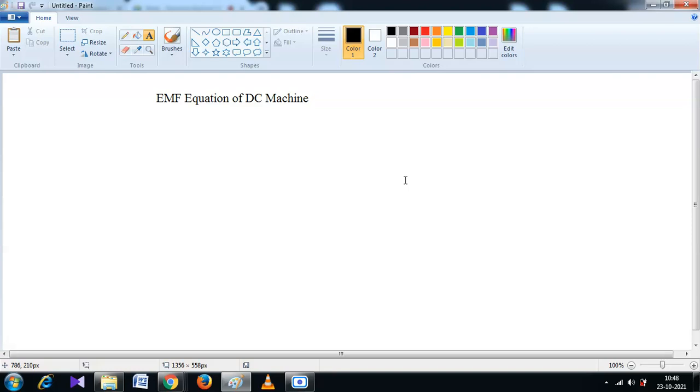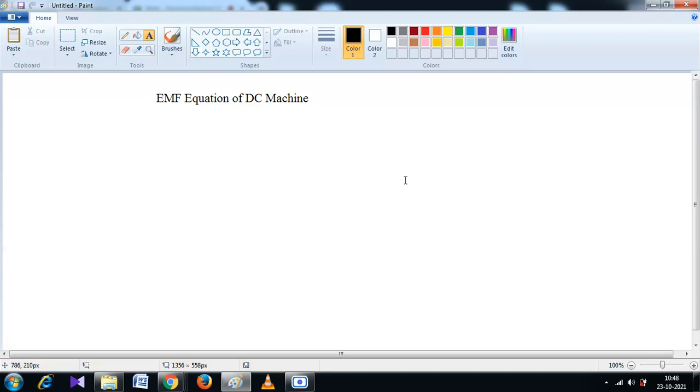And how much EMF will be produced can be explained by the second law, and the expression of the induced voltage is E equal to N d phi by dt. That means the induced EMF in the conductor is equal to the rate of change of flux linkage.